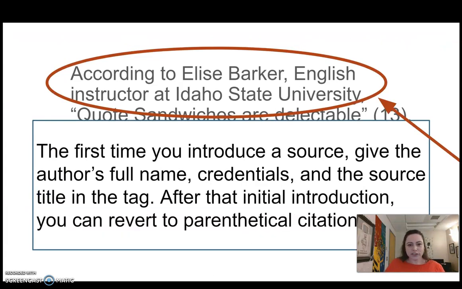The first time you introduce that source, be sure that you include their full name, the credentials, and the source title in the tag if you can. After that, you can start referring to them using parenthetical citations.